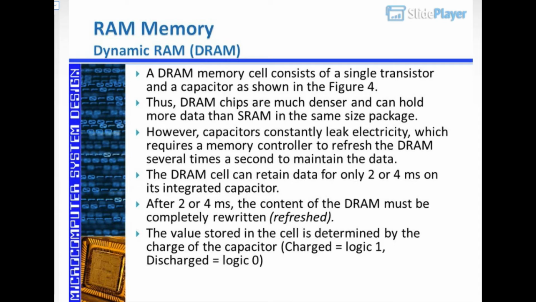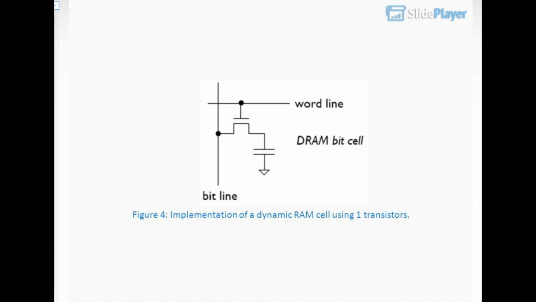The DRAM cell can retain data for only 2 or 4 ms on its integrated capacitor. After 2 or 4 ms, the content of the DRAM must be completely rewritten, refreshed. The value stored in the cell is determined by the charge of the capacitor. Charged equals logic 1, discharged equals logic 0. Figure 4, implementation of a dynamic RAM cell using 1 transistor.